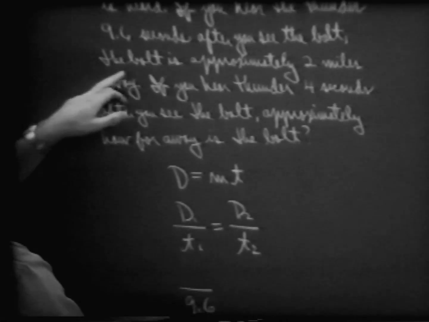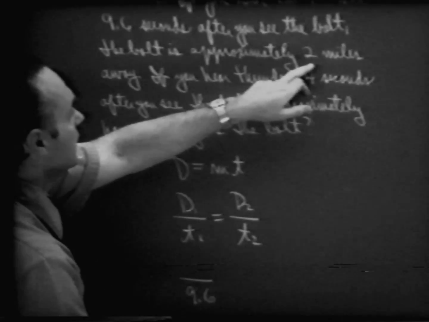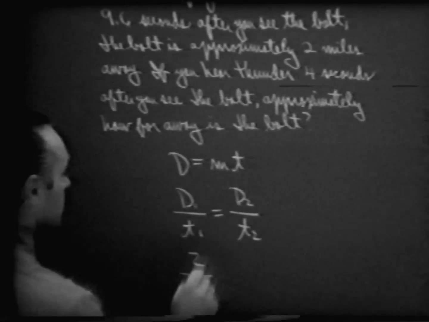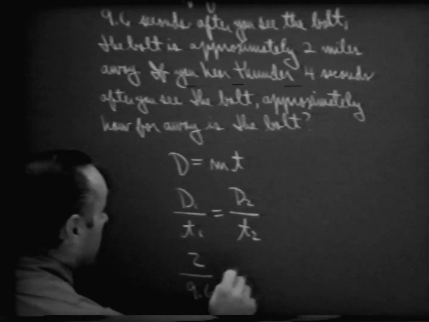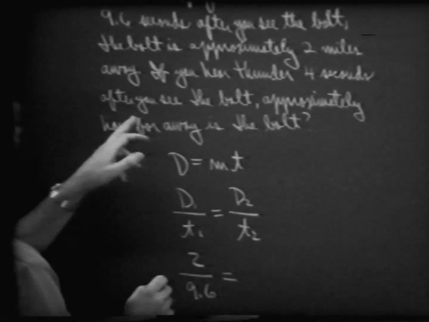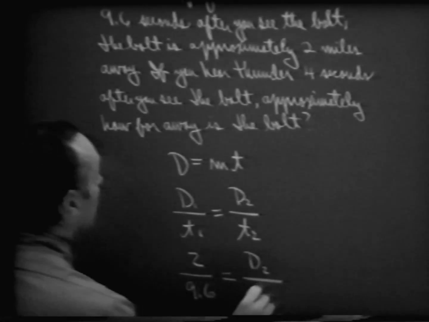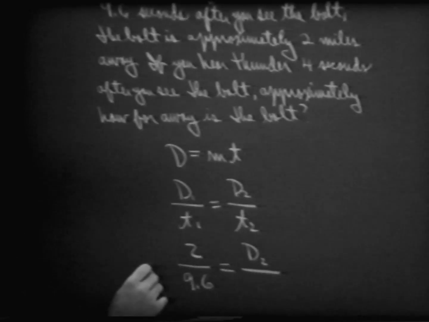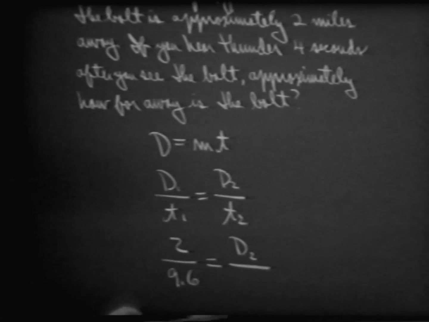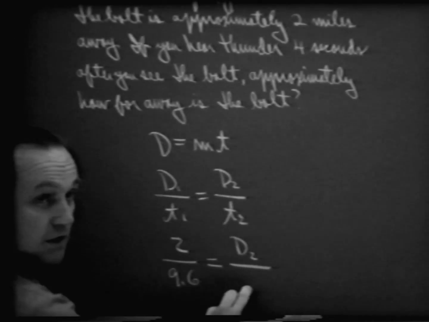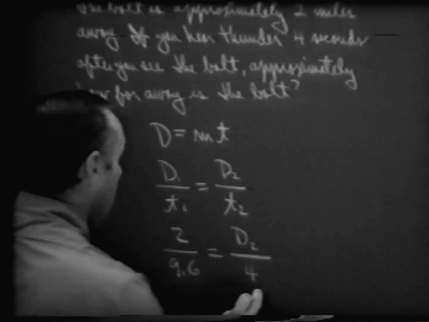The lightning bolt is approximately 2 miles away, so there is our distance. And then the question asks, approximately how far away is the bolt? That's our D sub 2, which we do not know, whenever we hear the thunder 4 seconds after we see that bolt. So T sub 2 must be 4.